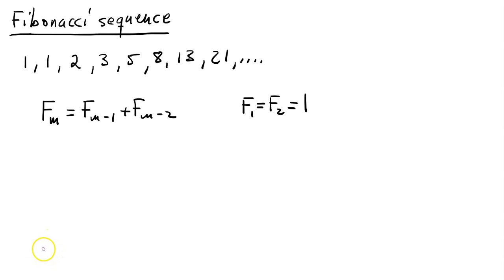His assumption was that every rabbit couple gives birth to a new rabbit couple every month, apart from the first month when they are young. So the number of rabbit pairs in a certain month is then given by the Fibonacci sequence.